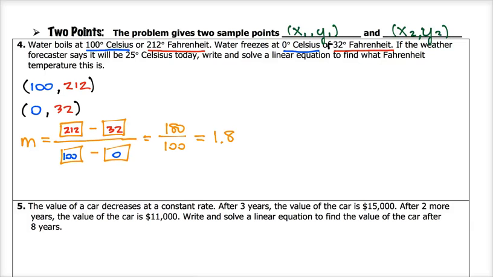So now that I know a rate of change and 2 points, I can use my point-slope formula just like we did in the previous problems. I can choose one of my points and this rate of change and use point-slope form. So I'm going to pick this easy point here, 0, 32, and take my 1.8 and we'll use point-slope form. So this will be y minus 32 equals 1.8 times the quantity x minus 0.